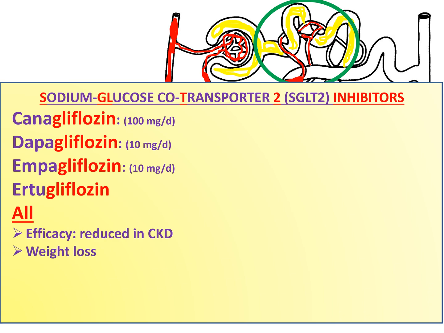All of them will lead to some kind of weight loss because they are excreting more sodium followed by more water. And also all of them will increase the incidence of genital and urinary tract infections because they are excreting more glucose in the urine.